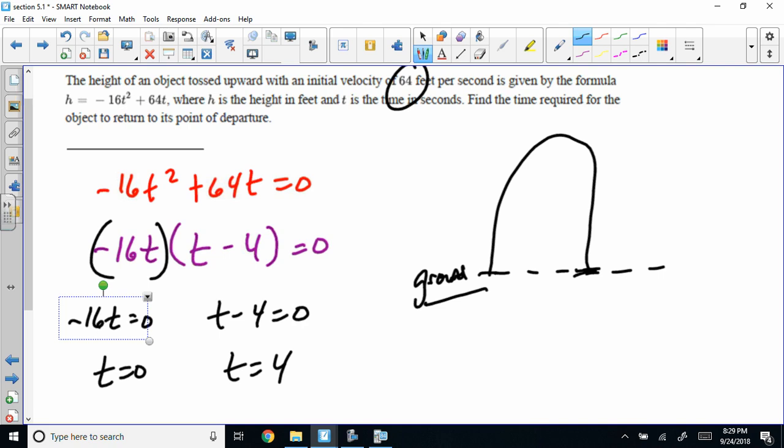If you're acting against gravity, in theory, yes, it takes the same amount of time. Would the acting against and the going with cancel out? Not necessarily. It depends on how hard you throw it. Well, that initial velocity is 64 feet per second.